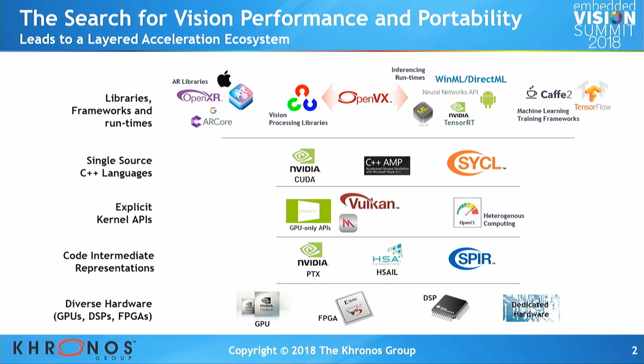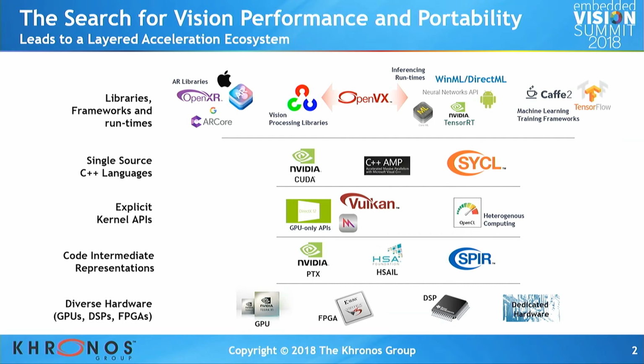So this is a sampling of the API and language ecosystem for vision and inferencing. It's just a sample. If your favorite API or library isn't there, apologies. I'm just trying to illustrate the layering that is becoming more and more pronounced each year. As we all strive for performance and portability, time to market, layers are appearing where each layer leverages the other.